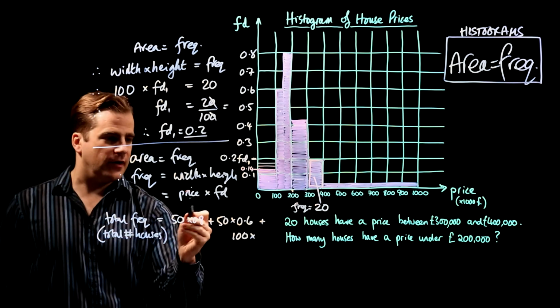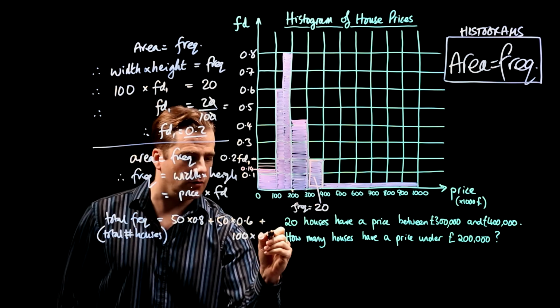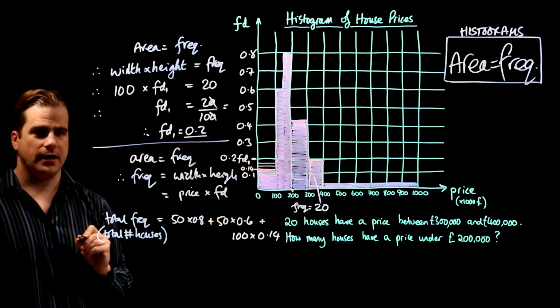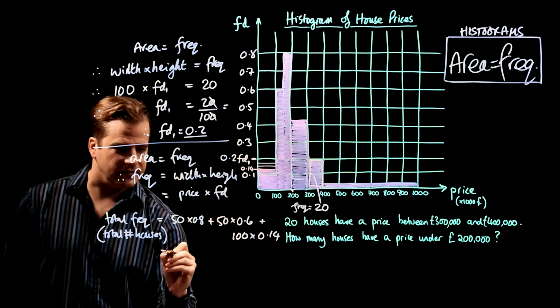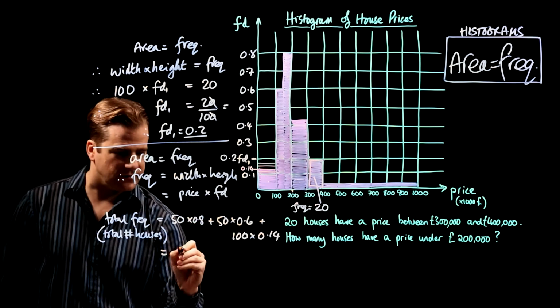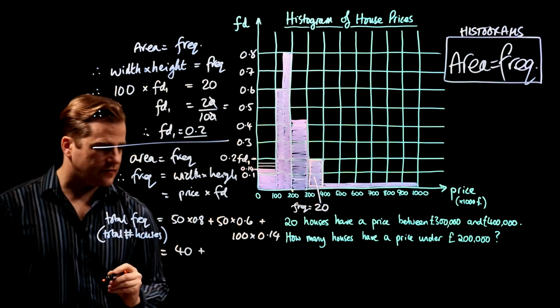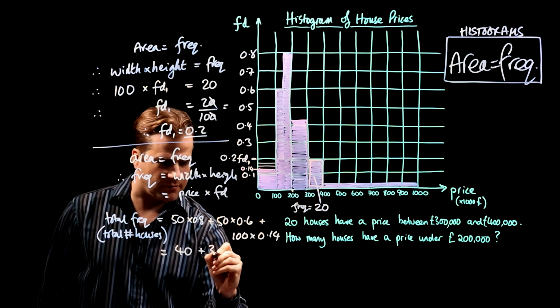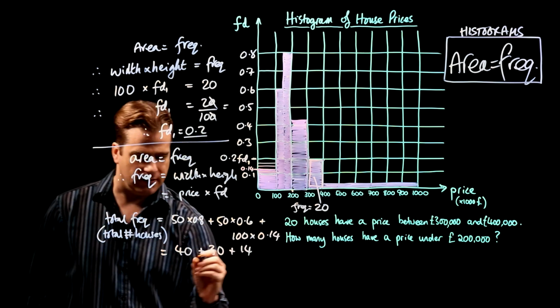Anyway, price times frequency density. Price is 100 times frequency density is 0.14. So, total number of houses is 50 times 0.8, 5 8s are 40, so that must be 40, plus 5 6s are 30, so 0.6 times 50 must be 30. 100 times 0.14 is 14.